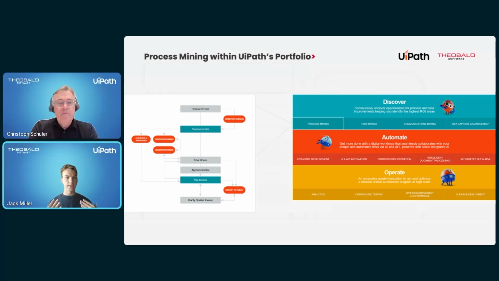So think agentic automation within pulling and pushing data within certain external systems. And then we have the operate, which is the governance of those automations, the governance of those agents, the governance of those long-running processes and workflows. So UiPath process mining sits in the discovery space.